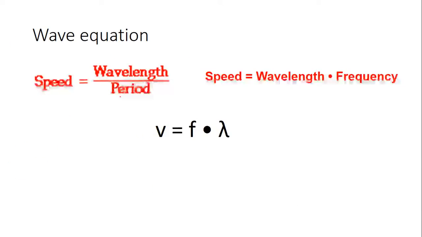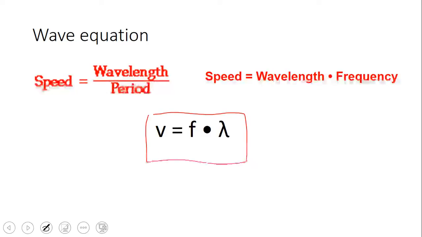Now we know that 1 over period is also equal to frequency. So we find that speed is also equal to wavelength times frequency. And so we represent this in this formula as v, velocity, equals frequency, f, times wavelength, lambda.